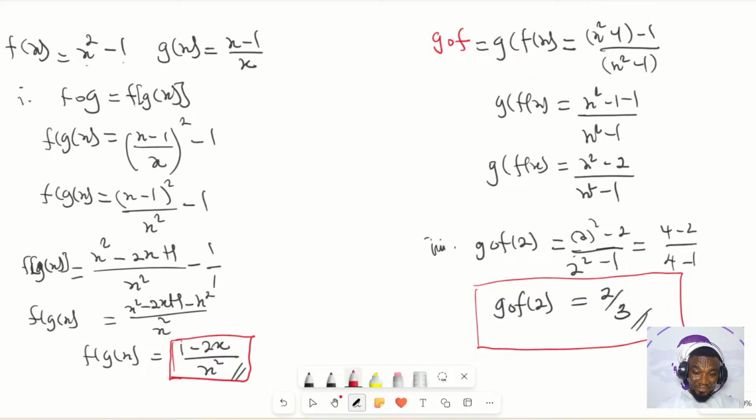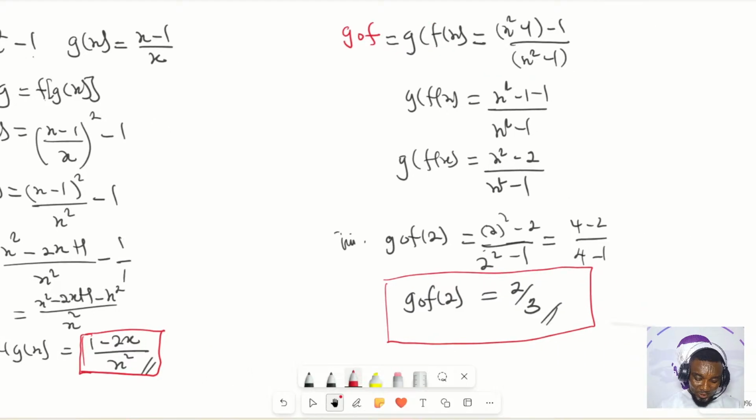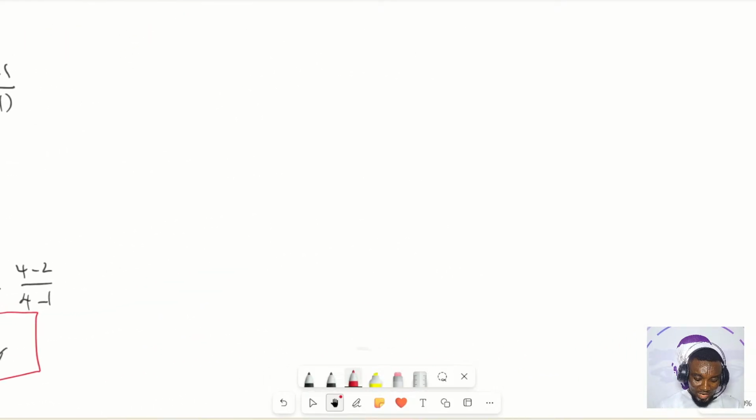Composite functions are very important, as we said, because we looked at the practicality of it, where we considered how you can be able to deliver something, right? So let's consider that. What are the real applications of composite functions?